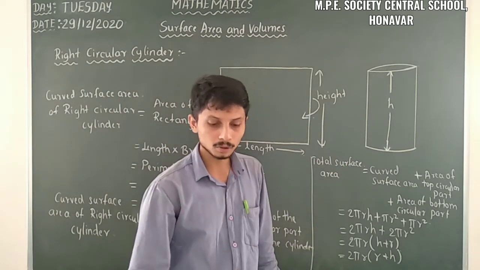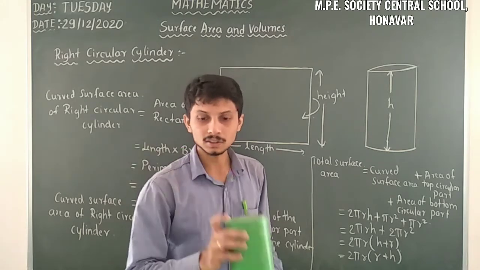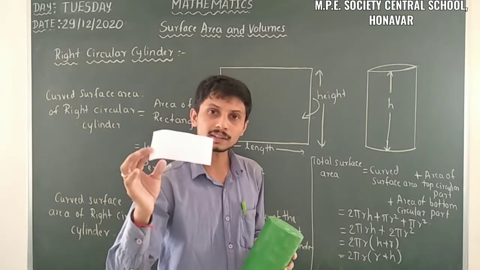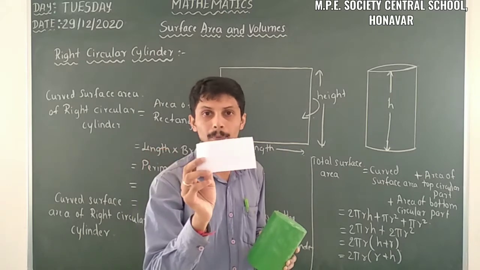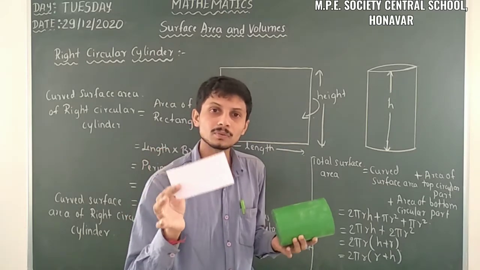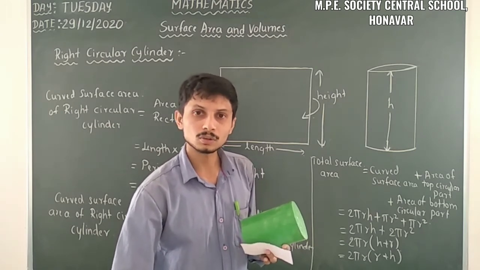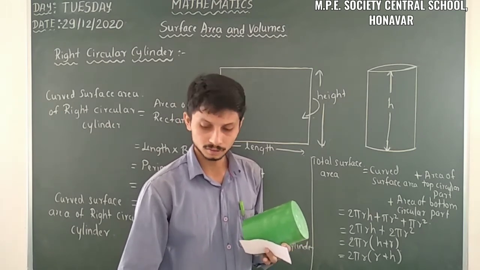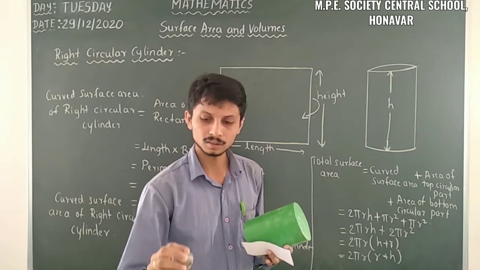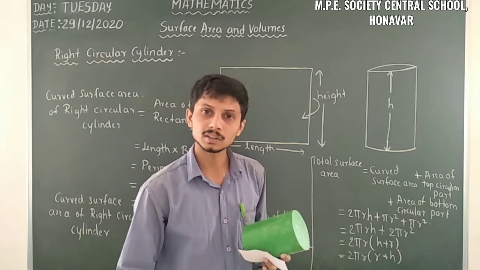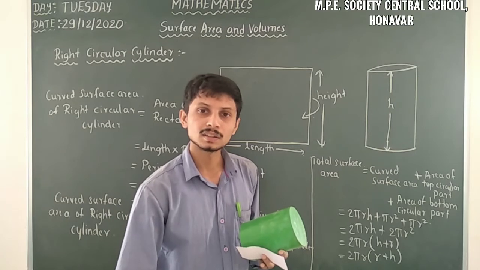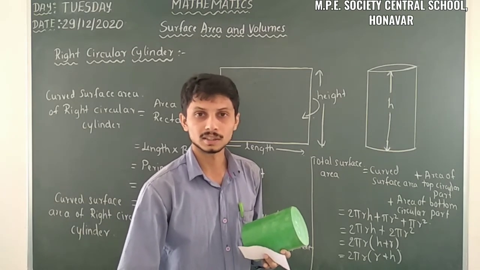So here we learned about the right circular cylinder. Using the rectangular paper, we can form that right circular cylinder, and using these coins, we can make a right circular cylinder when we place the coins one above the other.